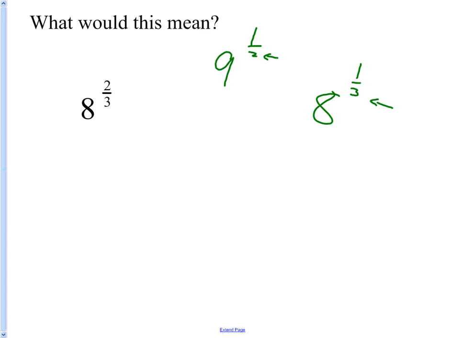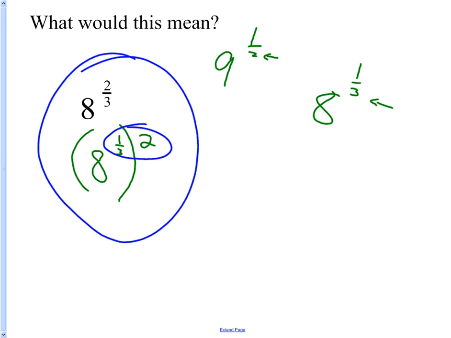Well, 8 to the 2/3 is the same as 8 to the 1/3, to the 2. Remember how in exponents if you have a power to a power, you're really multiplying these? So this means 1/3 times 2 means 2/3. So do you get that those are the same?